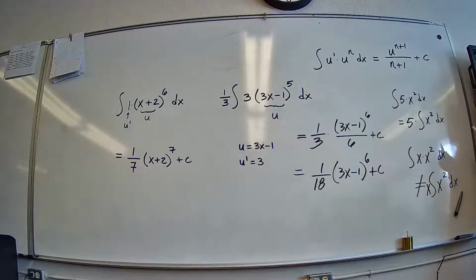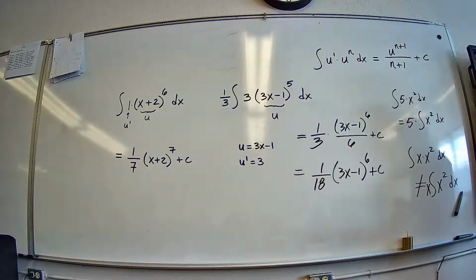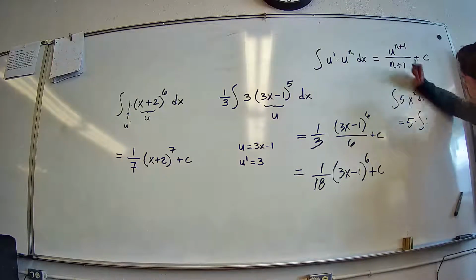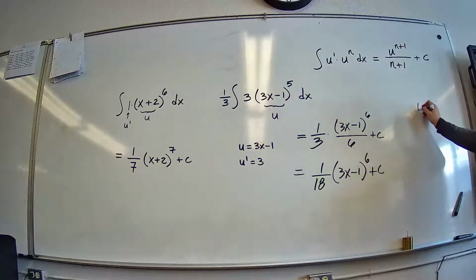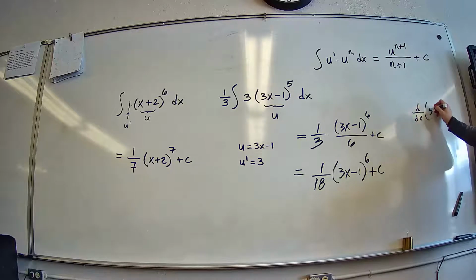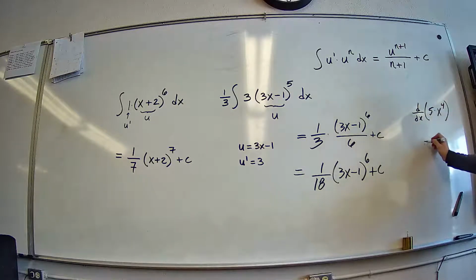So that's a good question as far as why this works with constants. To really get a good answer to that question, I mean, that's an extremely deep question. But it has to do with the fact that we take derivatives, and it all comes back to this: the derivative of, say, 5 times x to the 4th is the same as 5 times the derivative of x to the 4th.